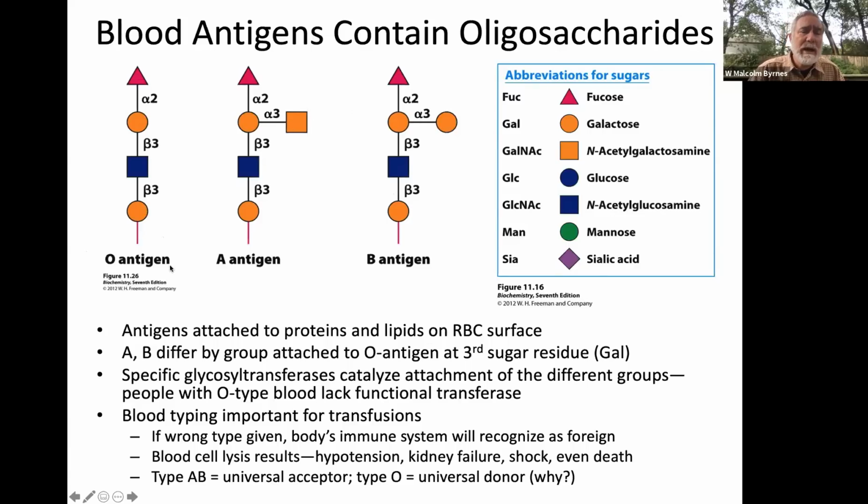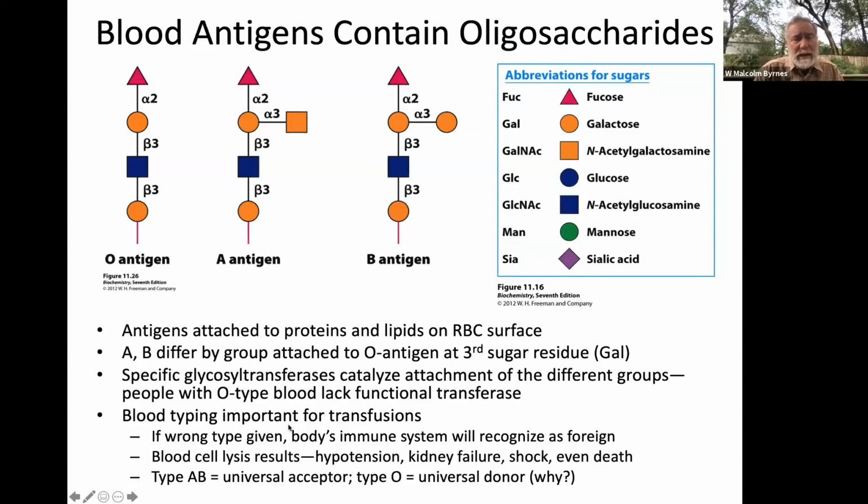Now, when people have O-type blood, they don't have a functional galactosyltransferase enzyme of either kind. Nothing is attached, right? Turns out there's an alteration in the gene for that enzyme such that a truncated version of the enzyme is produced that's not functional.